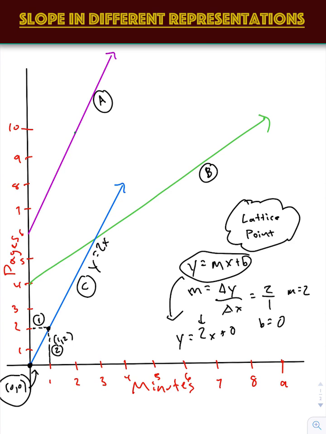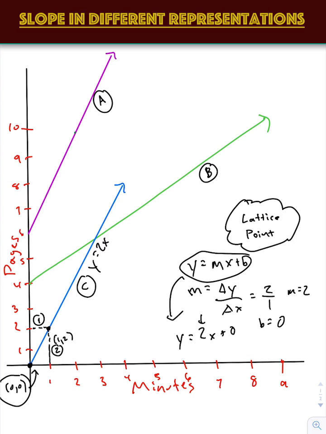The reason line B is on this graph is because it shows us an example of a different slope, and we can just look at C and B and tell which slope is greater. So in this case, our x-axis is minutes, and our y-axis is pages. So this would be an example of someone reading a book and the amount of pages they can read in a minute.